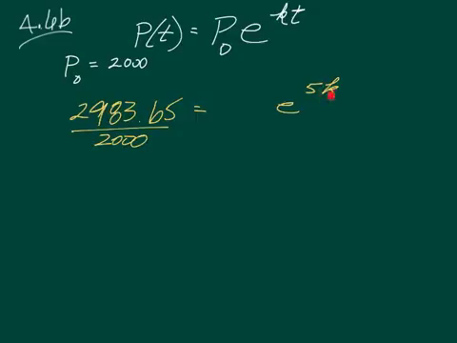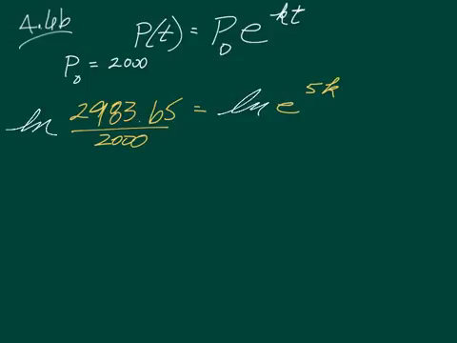So that's what I'm trying to solve. Because of that, I can take the logarithm on both sides. But since I'm dealing with an e, I'm going to take the natural logarithm of this side and the natural logarithm of that side.